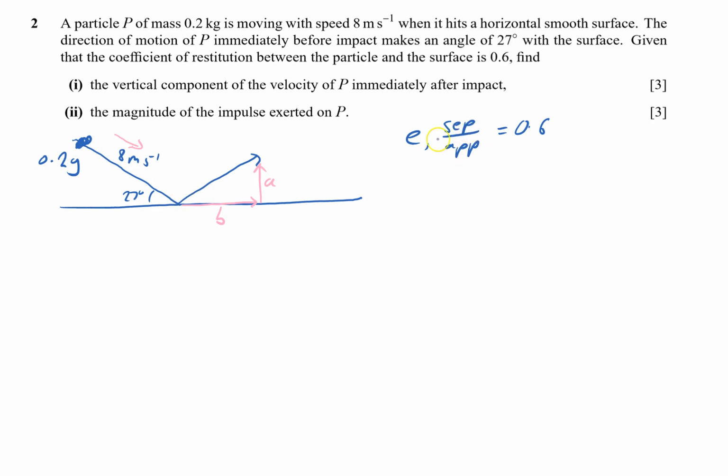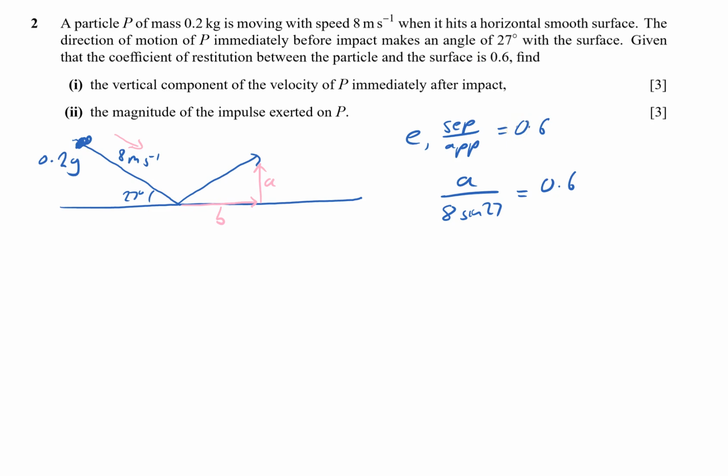So we know that separation speed, and this is my surface, this is the invariant bit. So separation speed is how fast does this move away from this surface? It obviously moves away at A. So we're going to get A over the approach speed, which will be this bit here. So that'll be 8 sine 27, and that equals e, which is 0.6.